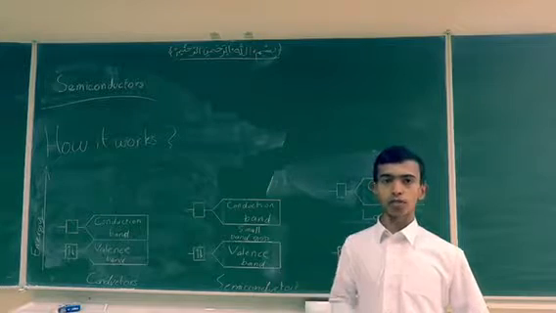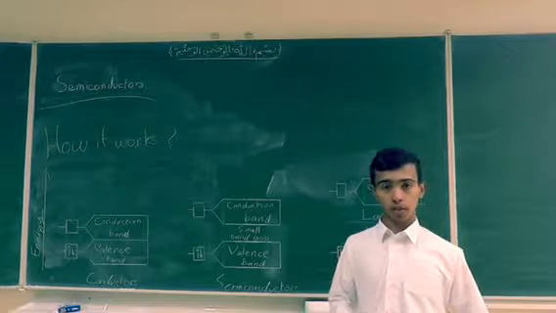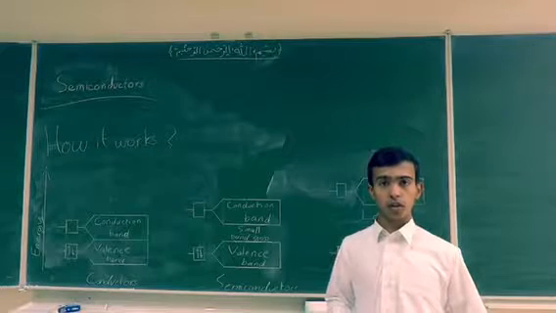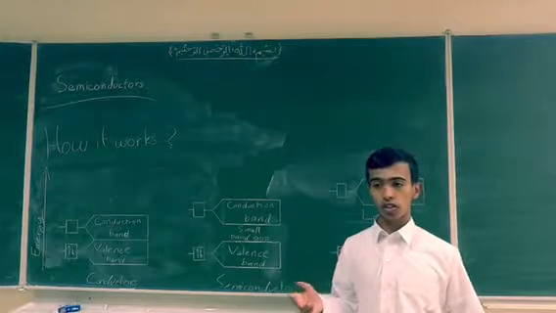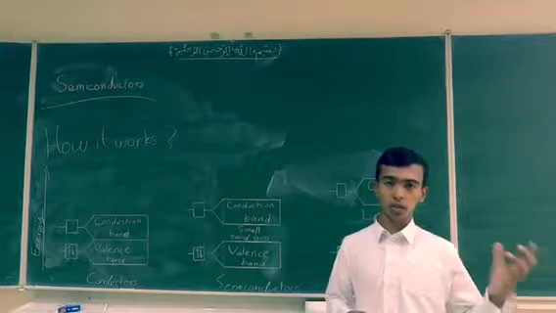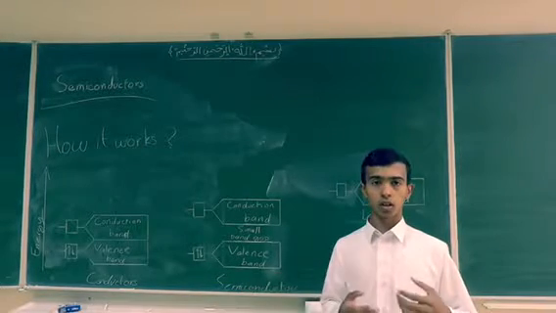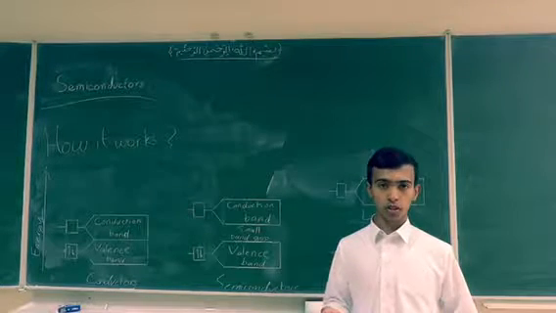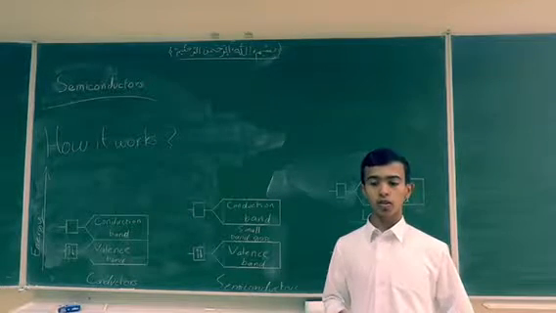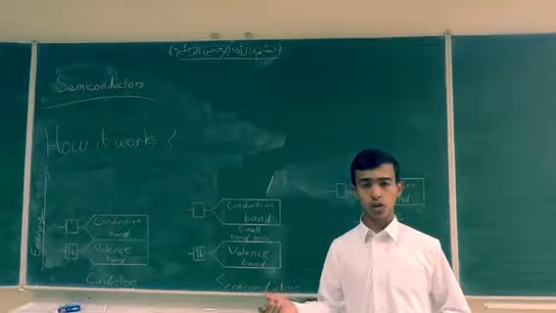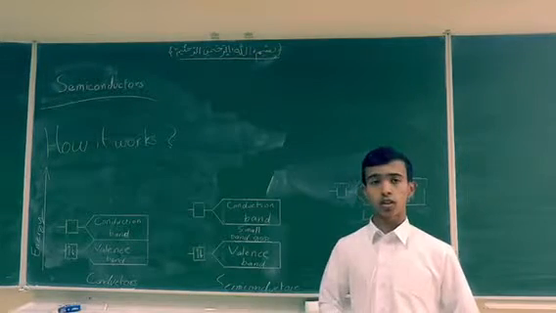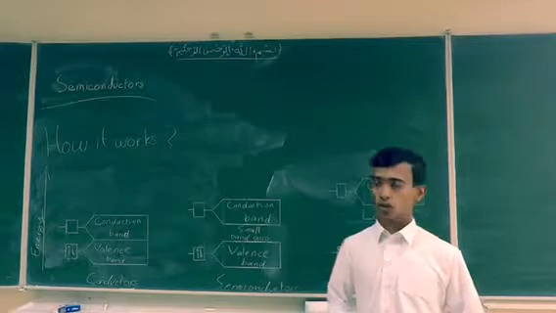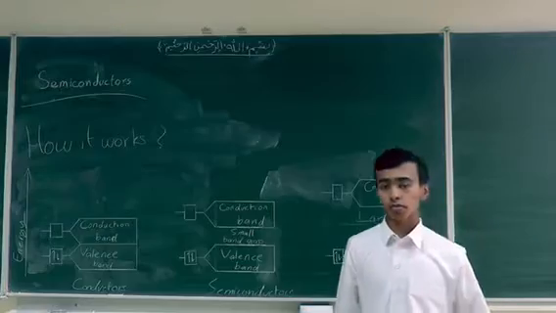Now, how it works. Well, in a sample of metal containing many atoms that have many molecular orbitals that are so close in energy, instead of making bonding and anti-bonding orbitals for each pair of atomic orbitals, they make a band of bonding levels, which is called the valence band, and a band of anti-bonding levels, which is called the conduction band.